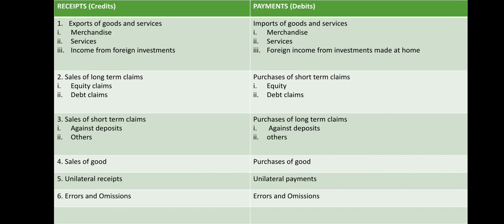Sales of short-term claims such as deposits and any other short-term claims will be credited, whereas purchases of short-term claims will be debited. Sale of goods will be credited, whereas the purchase of goods is a payment item. Unilateral receipts will be credited, whereas unilateral payments will be debited. Errors and omissions, in case of any, related to either receipts or payments will be recorded accordingly.